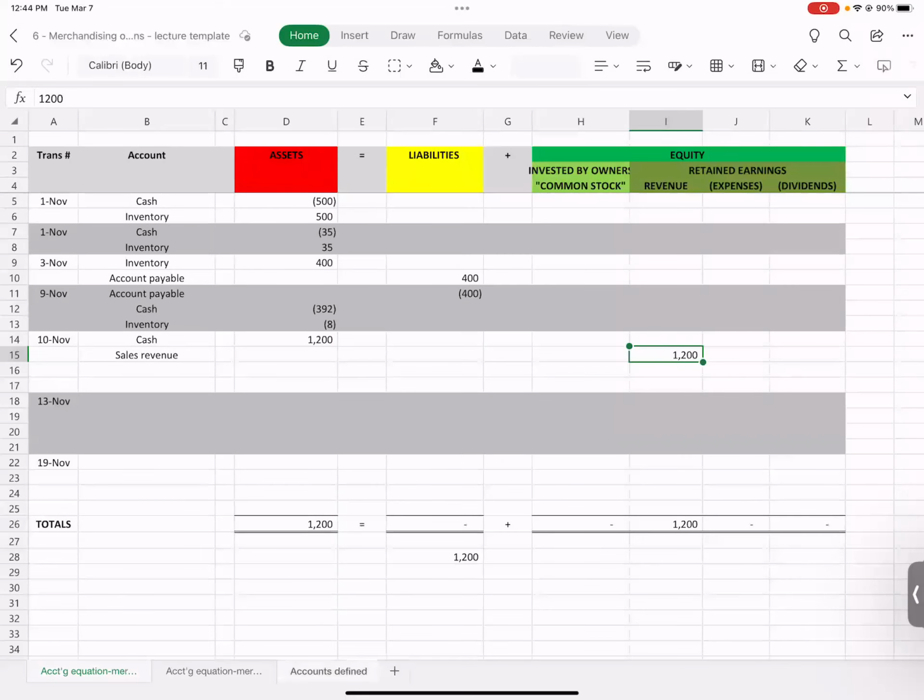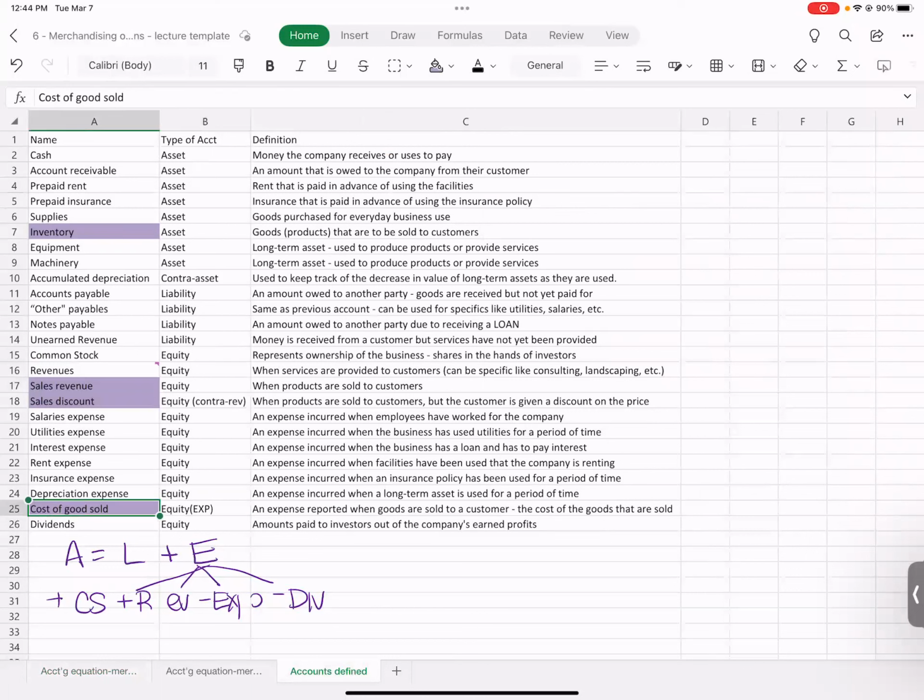It is an expense and it's called cost of goods sold. And we have to account for this expense anytime we sell goods to a customer. So we have the sales revenue piece, that's how much we charge the customer. But now we also have to account for the cost of the goods that we just sold.